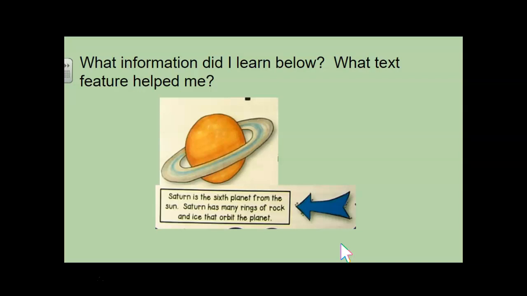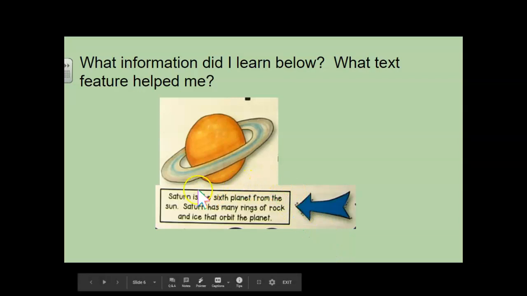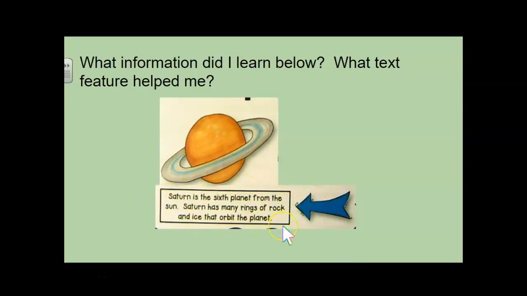All right, it has rings of rock and ice that orbit the planet. All right, what text feature did you use to help you learn this new information? You used a caption. That's right, the caption below helped you learn all those facts about it. And we used our picture clues along with the caption.